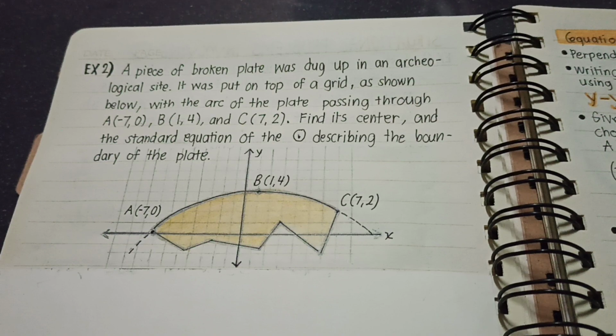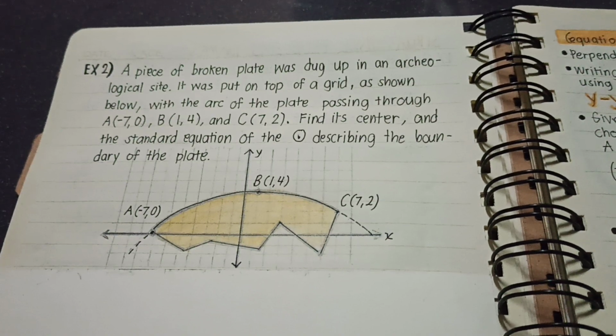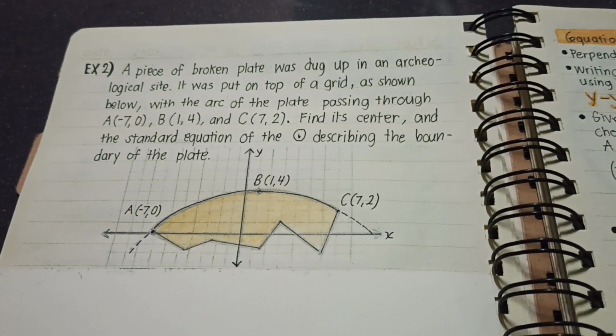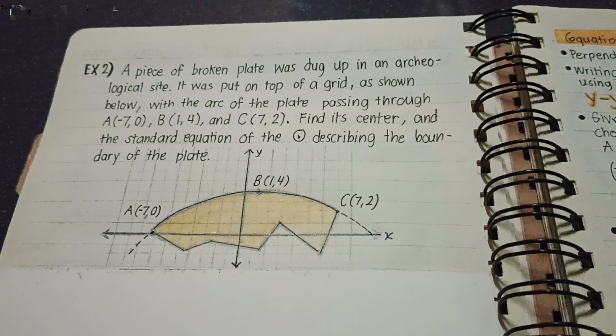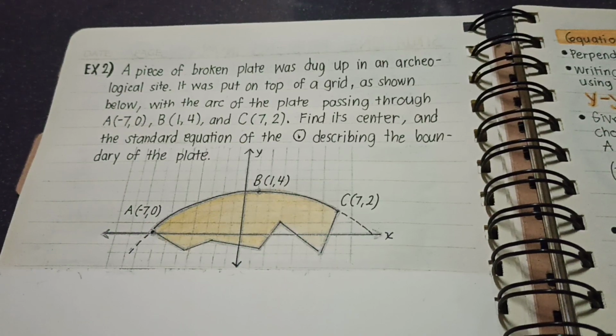Assuming that these archaeologists would like to use math in identifying the original size of this plate that they found. Okay, so to find that original size, they need to visit the topic about circle.